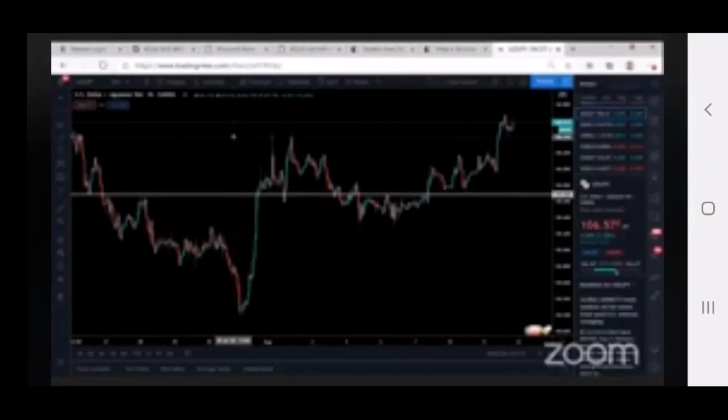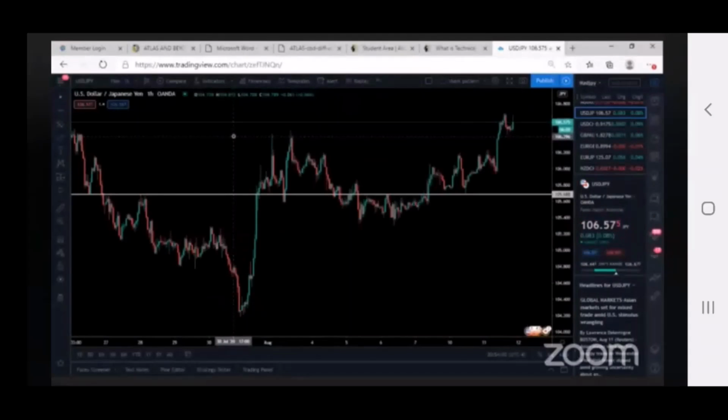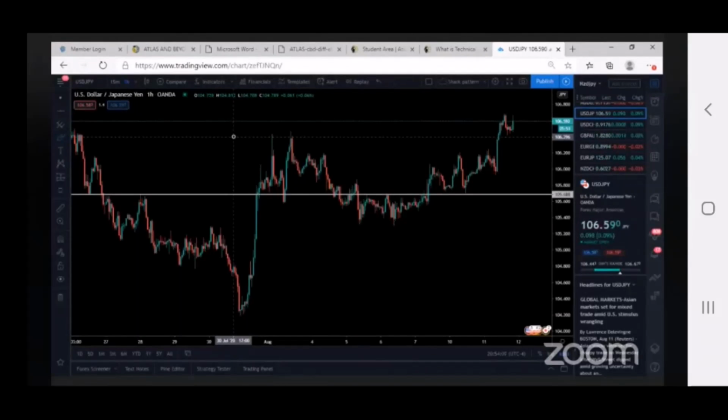So in Forex, you make money going both ways, buys and sells. That's a little different from stocks. When you buy a stock, I guess they have calls and puts now, but back when I first started trading stocks, if you bought a stock for $50 and the value went down to $40, technically you lost $10, though you don't lose it until you close it. But if it never came back up, you lost $10.